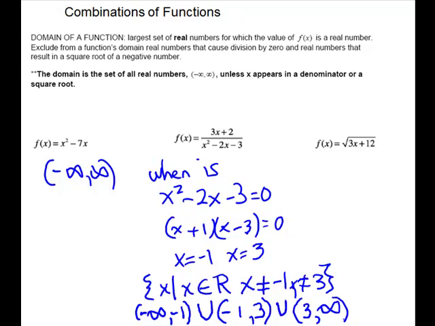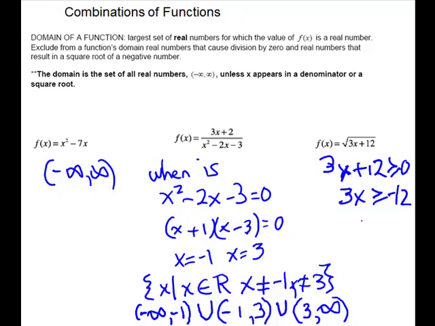Our last one that's here, it has a radical. So we have to make sure that 3x plus 12 is greater than or equal to 0. So we're going to subtract 12 from both sides, and divide by 3.